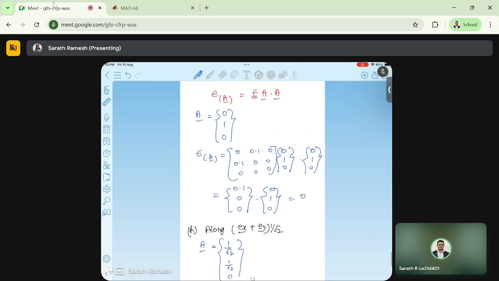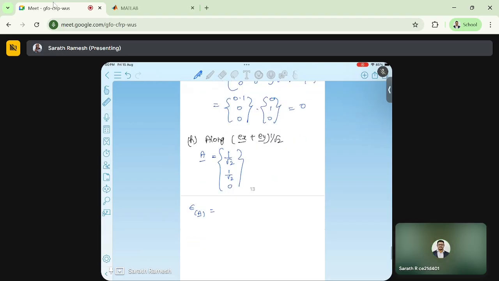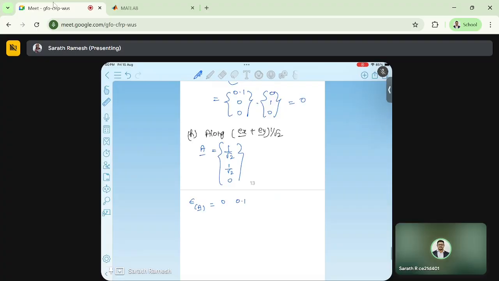This is the only change. So epsilon of A will again be the epsilon tensor, 0, 0.1, 0, 0.1, 0, 0, 0, 0, 0, times 1 by root 2, 1 by root 2, 0, dotted with 1 by root 2, 1 by root 2, 0.